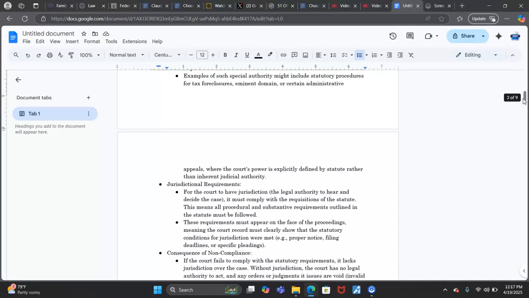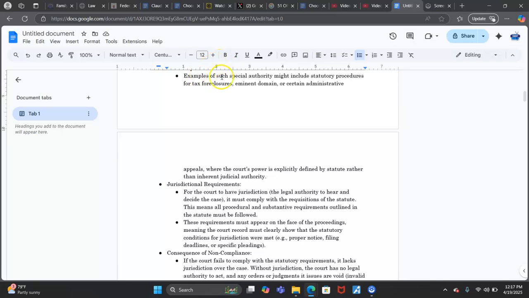But it became a court of limited jurisdiction once they started exercising jurisdiction under the statute. The plaintiff always decides the jurisdiction, the plaintiff being the state. They pick the jurisdiction that the case will be prosecuted under.